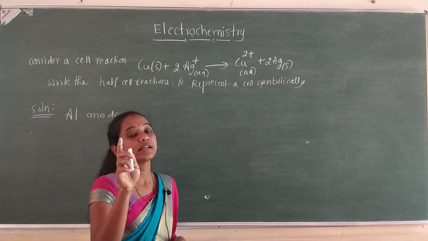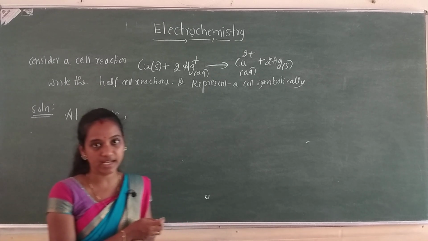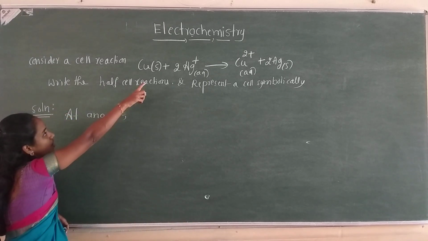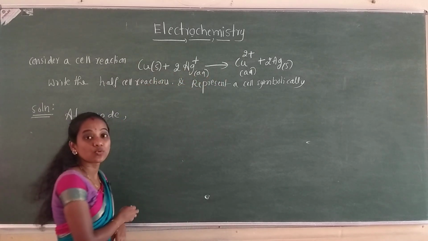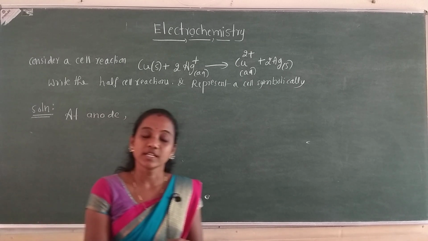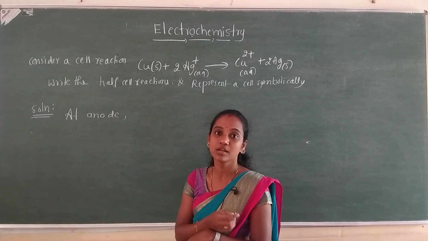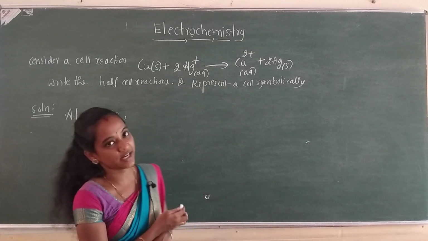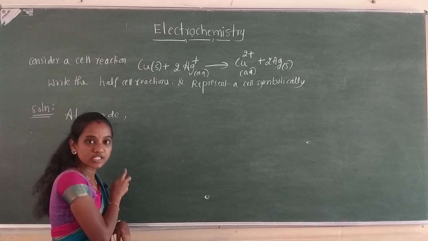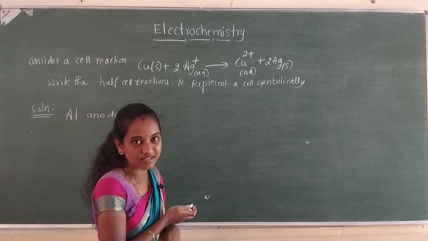At the anode, oxidation is always the process. Now, in the reaction, you have to identify the oxidation reaction. What is oxidation? It is a process where loss of electrons occurs. That is one definition, and one more definition in terms of oxidation state: oxidation is a process where the oxidation state of an element increases.